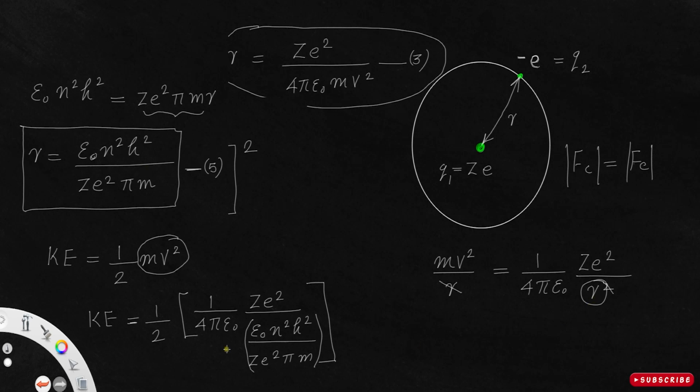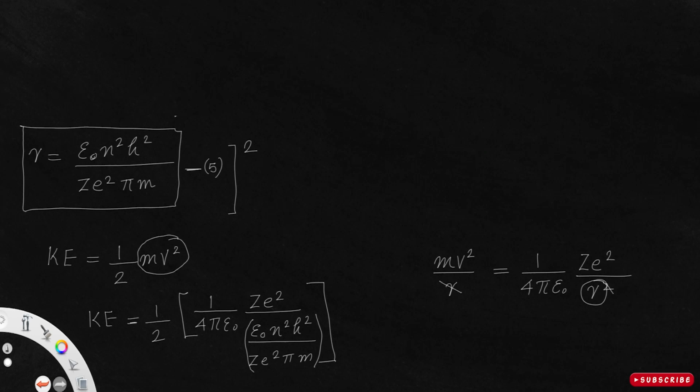Now I have to simplify this expression. So the kinetic energy Ke is equal to, I'm just multiplying this 2 with 4 pi epsilon 0, so 1 by 8 pi epsilon 0.